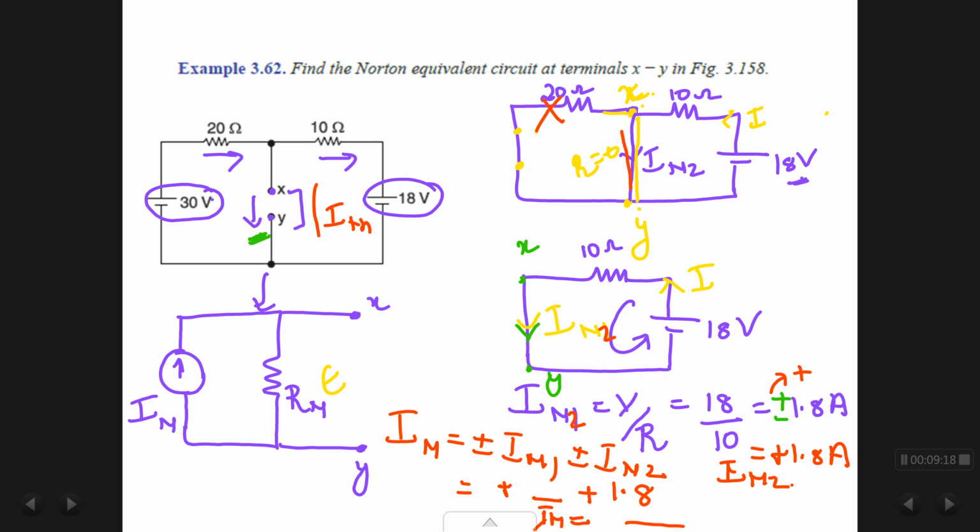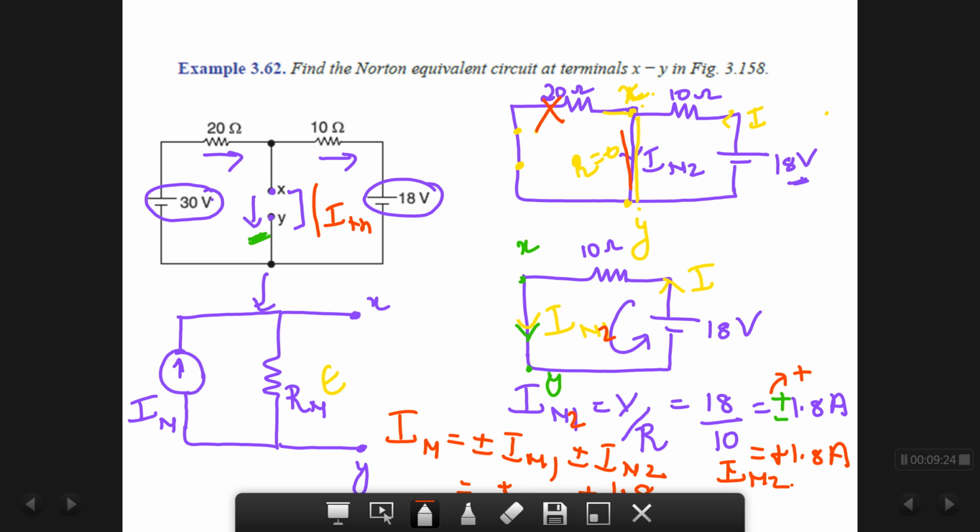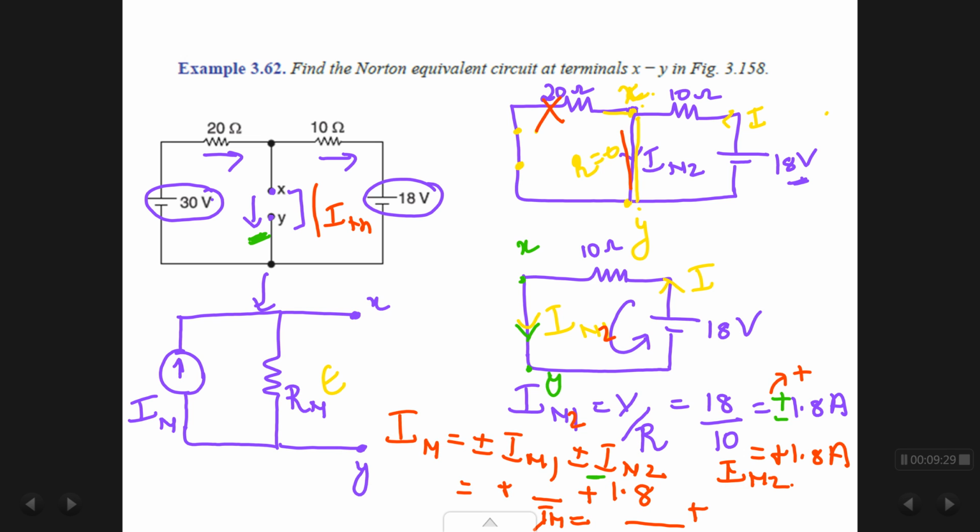the algebraic sum. If both are positive, the answer will be plus. If one is negative, whichever is stronger decides. If the positive is stronger, the answer will be plus. If the negative is stronger, the answer will be minus. Having a minus sign doesn't affect anything; it doesn't indicate that your answer is wrong.